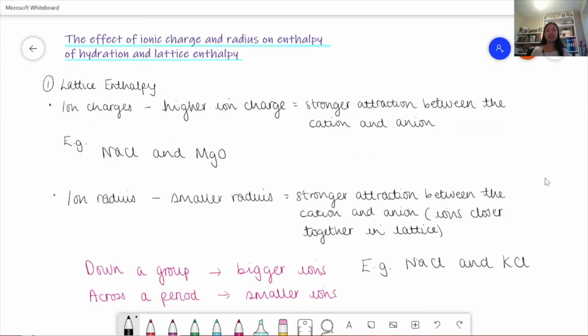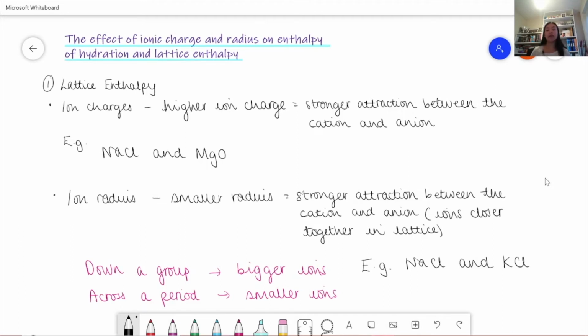Now we're going to discuss the effect of ionic charge and radius on the enthalpy of hydration and the lattice enthalpy. So first, for the lattice enthalpy, if the ion charges are higher, then that means there's a stronger attraction between the cation and the anion. So in the lattice, the ions are more closely bonded together.